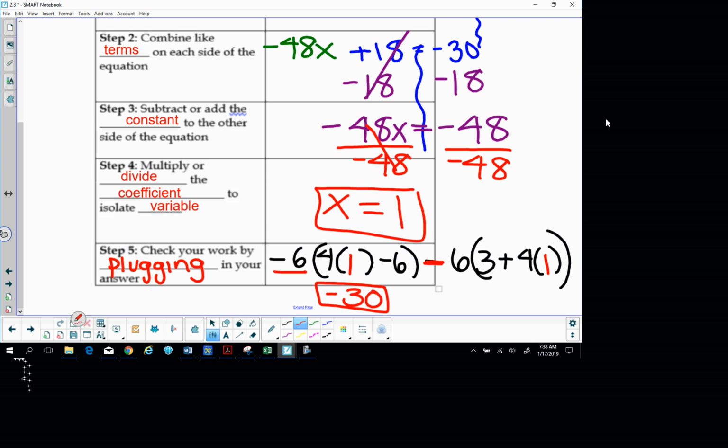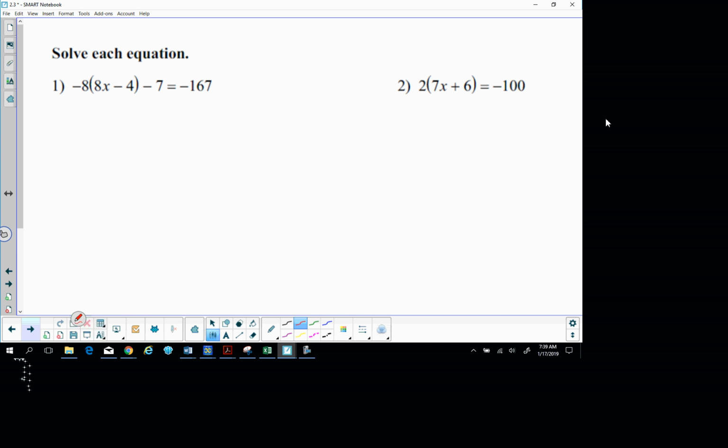On your next sheet is just practice with multi-step equations. It's kind of a drill sort of thing. The first page is just one distributing property. The second one looks like this. Right here, we can go over one more together just to make sure you got it, and then we're going to let you off on your own.